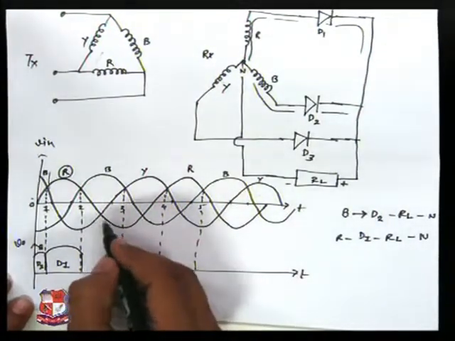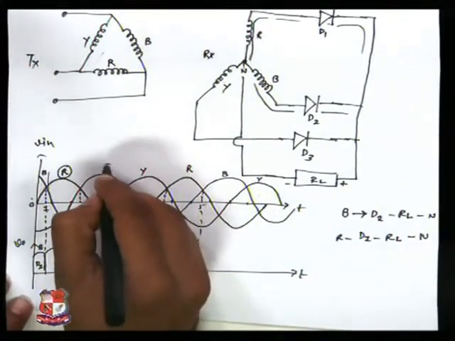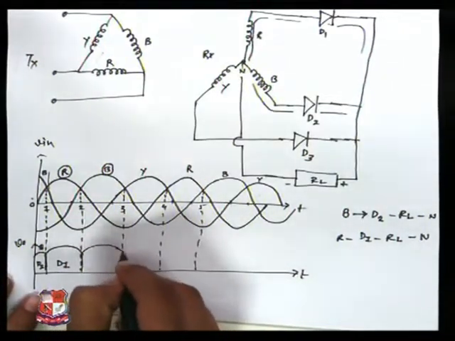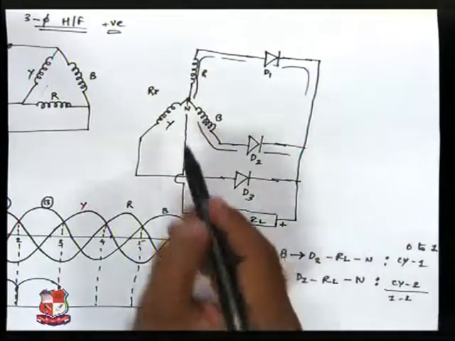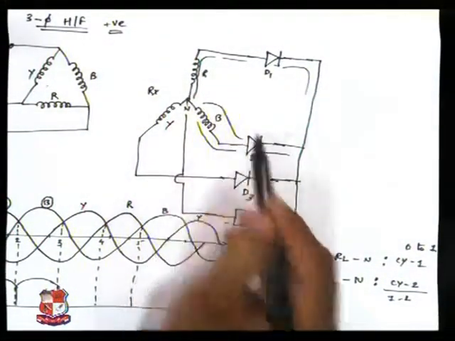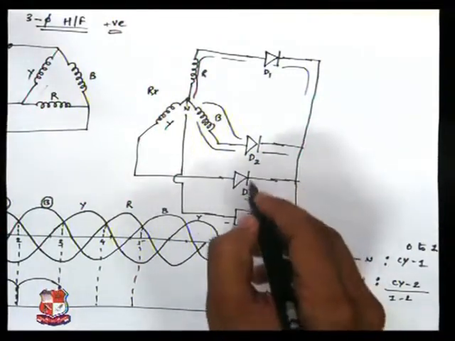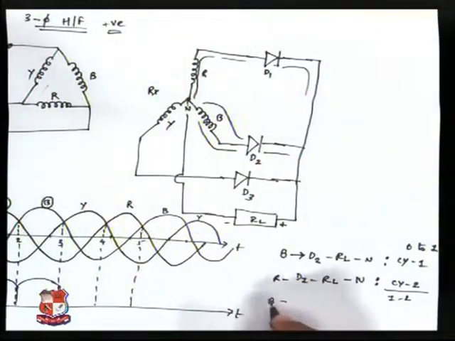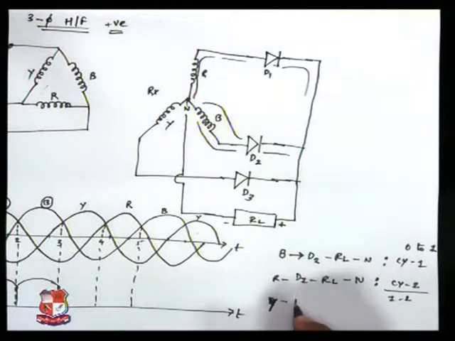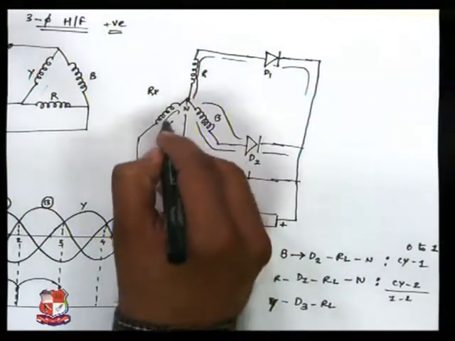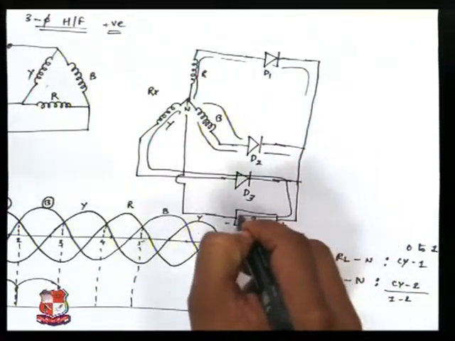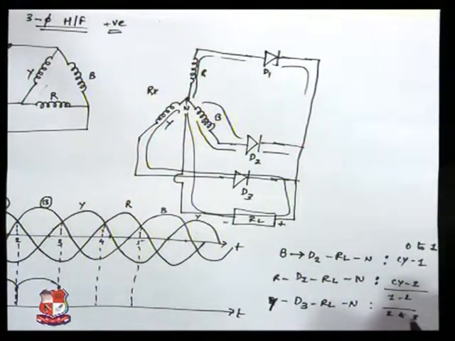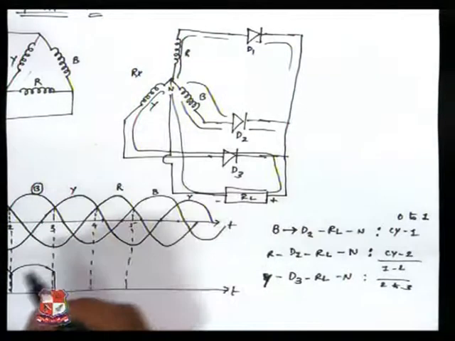Now for the instant 2 to 3, which phase has the highest potential or amplitude, that is the phase Y. So now my current is flowing from N to Y, Y to D3, then RL and again back to N. This is instant 2 to 3, so the diode is D3.